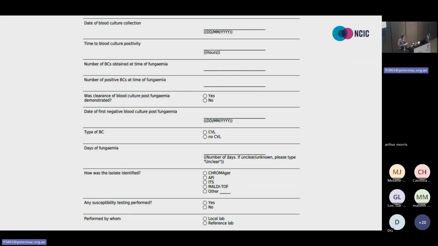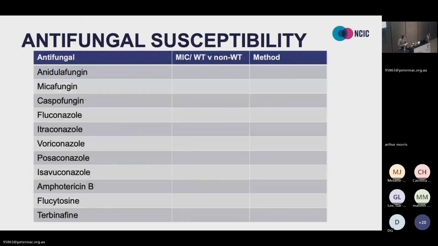How was the isolate identified, and was susceptibility testing performed, and if so, by a local lab or a reference laboratory? The antifungal susceptibility, I've just drawn it up like this because if you try and pull it out of RedCap, it just looks funny.